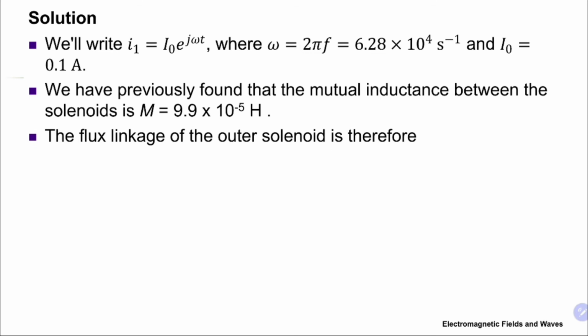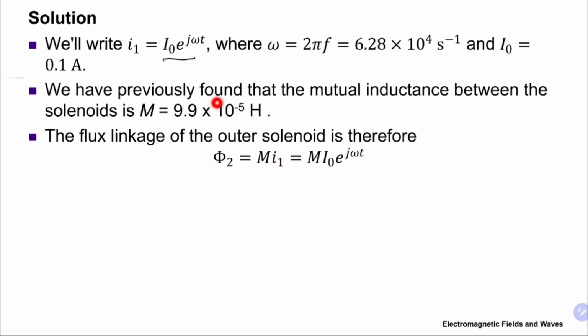The flux linkage of the outer solenoid is phi 2 equals M I1 equals M I naught. So this is my I1, which is this equation here.